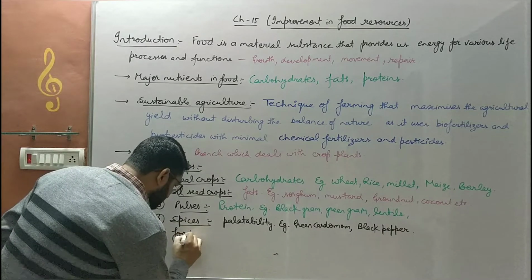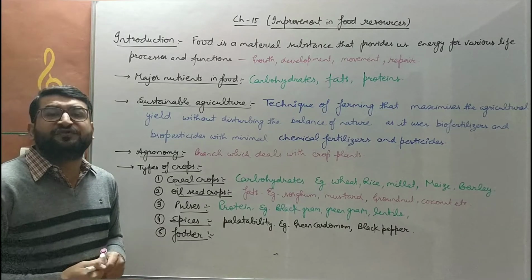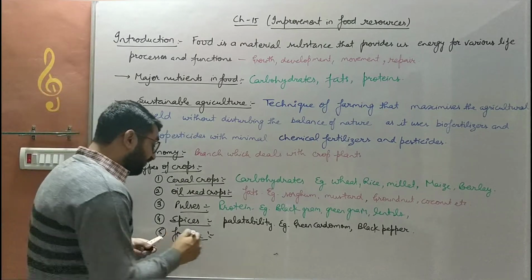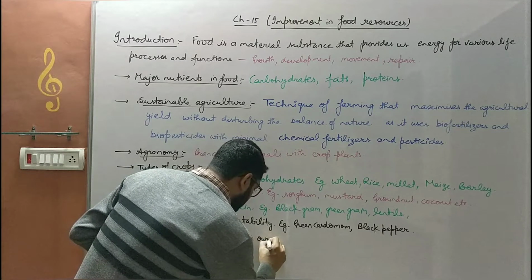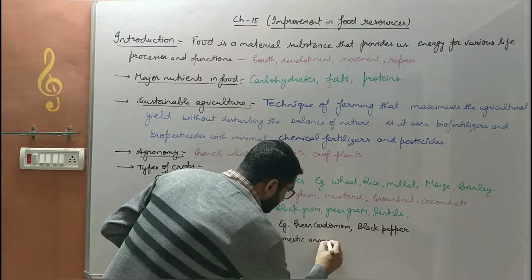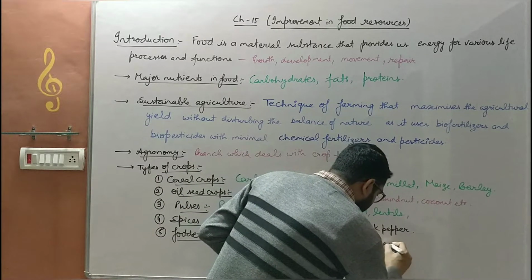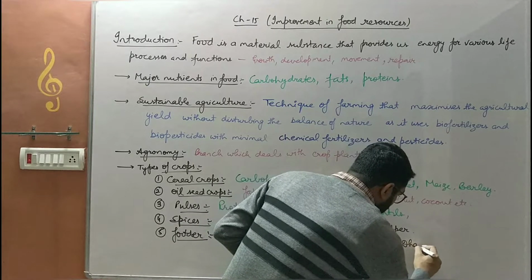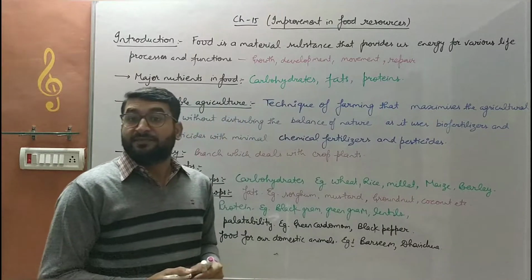Next, and the last is fodder crops. The crops which give us food for our cattle, food for our domestic animals. Examples are barsim, dhanchua, it is a kind of crop. Okay.